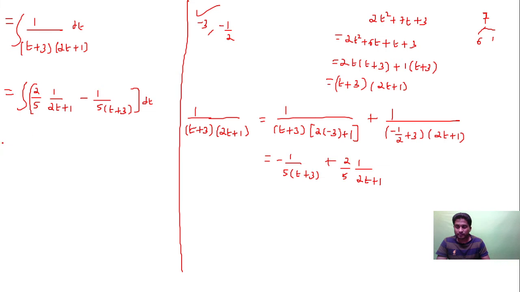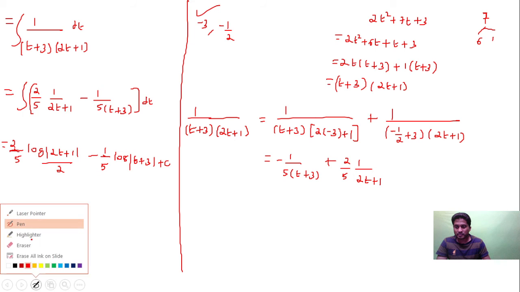So this is 2 upon 5. Integration of 1 by x is log x, right? So this is log of 2t plus 1. Coefficient of t is 2, divided by 2. Minus 1 upon 5. Integration of 1 by x is log x. You get log of t plus 3, and then plus c.